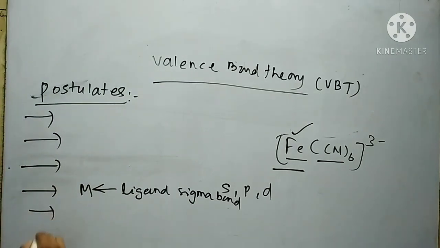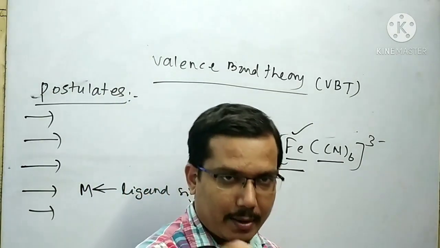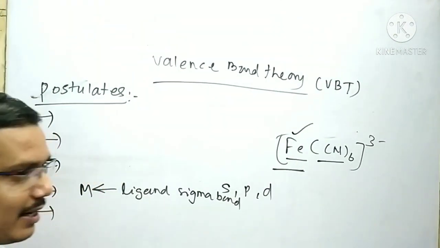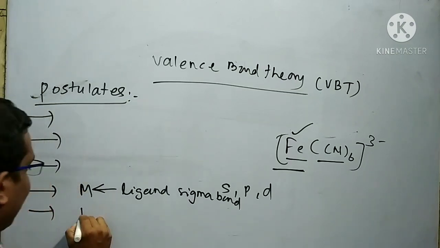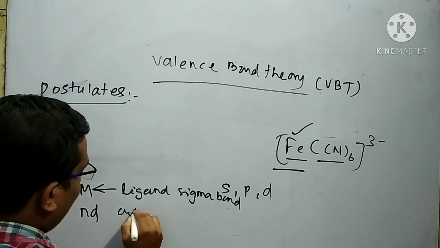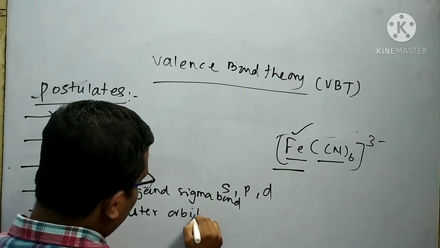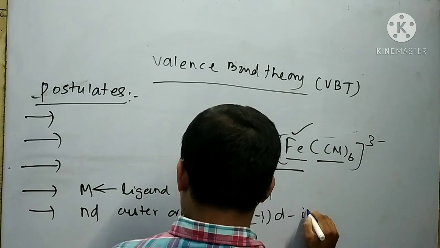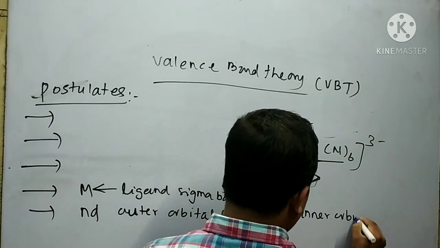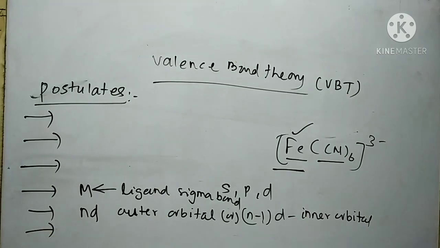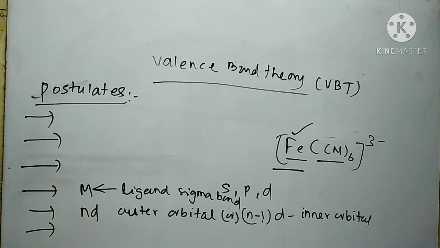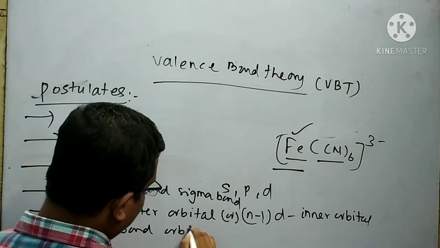Next, the d orbital used in hybridization and to accommodate the ligand electrons may be the nd outer orbital or the (n-1)d inner orbital. Next, Hund's rule is applicable to the electrons present in the non-bonded orbitals.